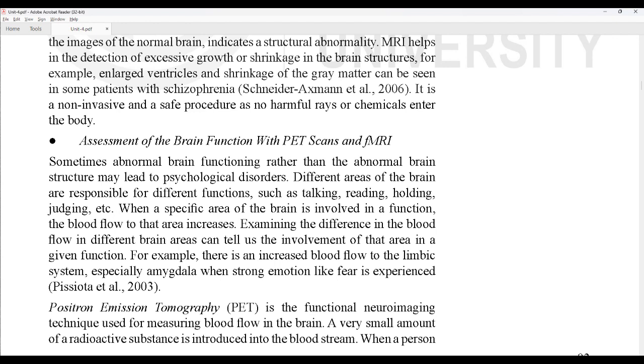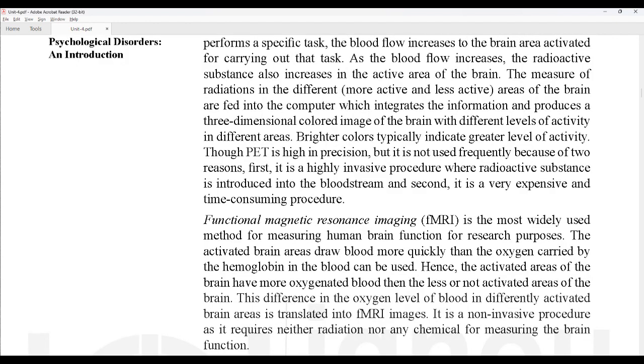Positron emission tomography, PET, is the functional neuroimaging technique used for measuring blood flow in the brain. A very small amount of a radioactive substance is introduced into the bloodstream. When a person performs a specific task, the blood flow increases to the brain area activated for carrying out that task.